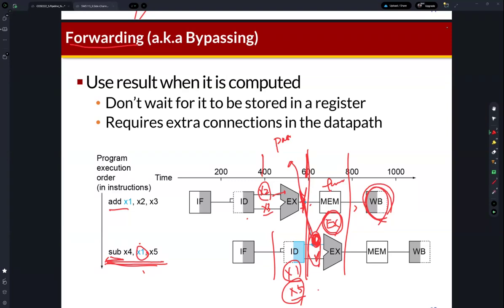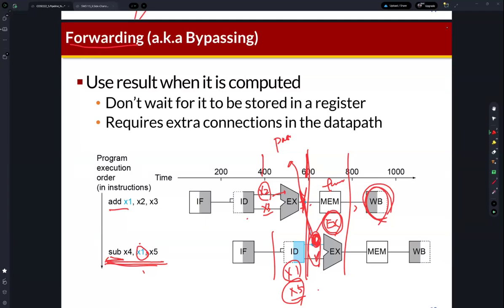But we already know that if we use the single cycle processor, then the performance is low. So we need to increase the performance. So we can apply pipelining architecture. But if we apply pipelining architecture, then we can observe hazards, the data hazard, because of data dependency.